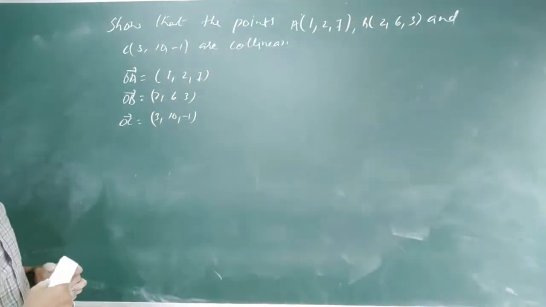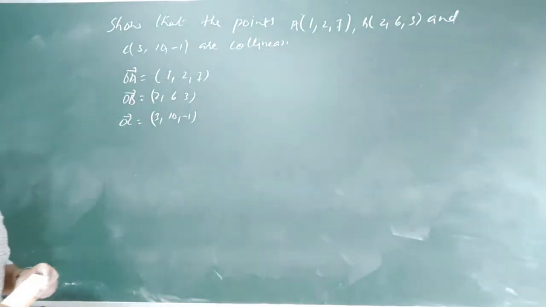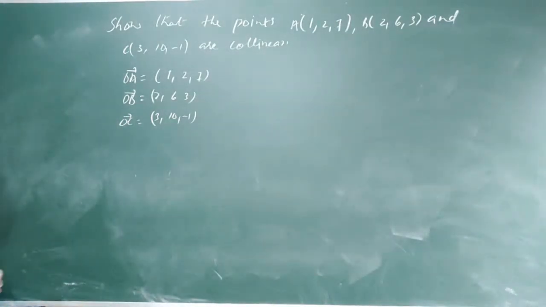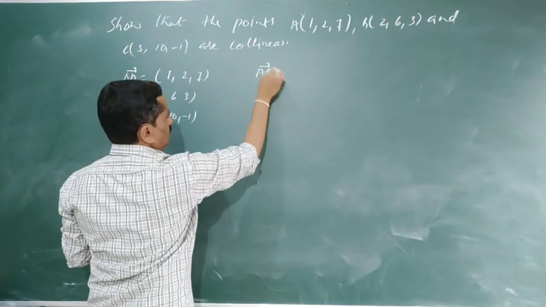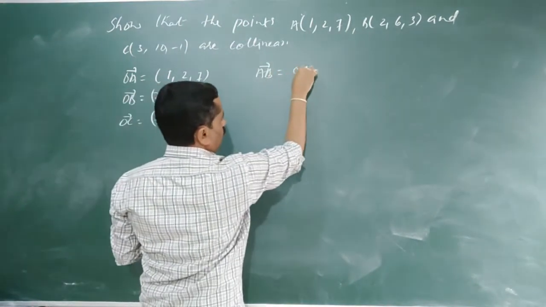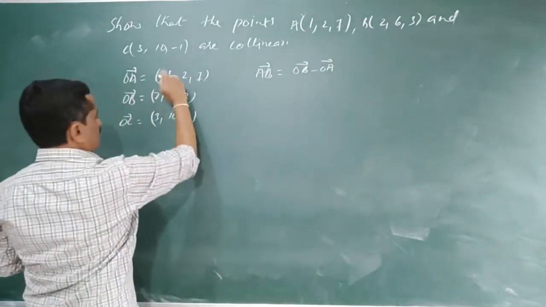Okay, the position vectors and points are same. Next, here we need to find AB bar. So AB bar is equal to OB bar minus OA bar, that is this minus this.